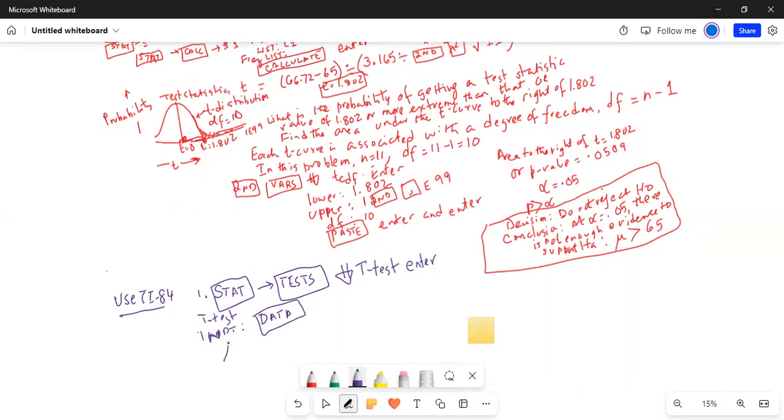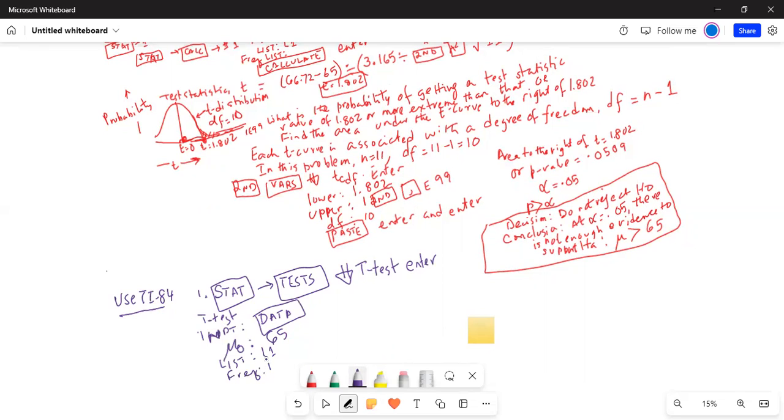Okay, next line is mu0. That is your hypothesized population mean, which is 65. So type mu0 65. List is L1. Frequency is 1.